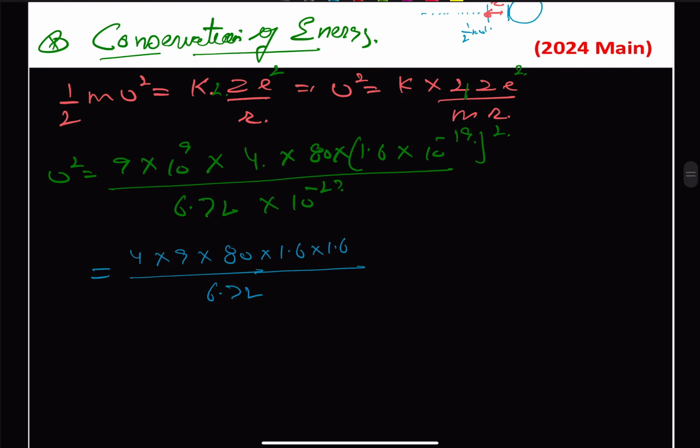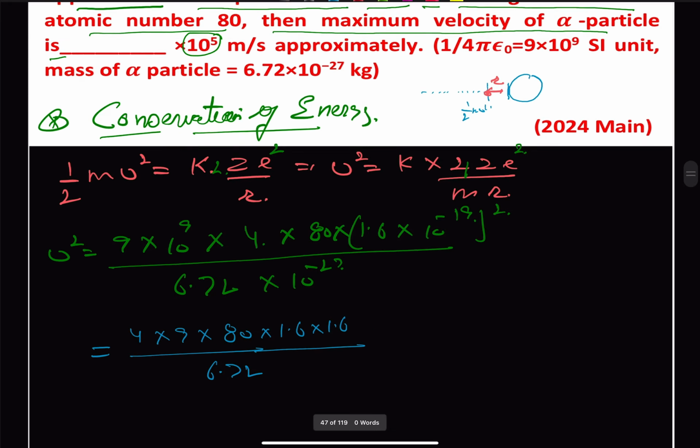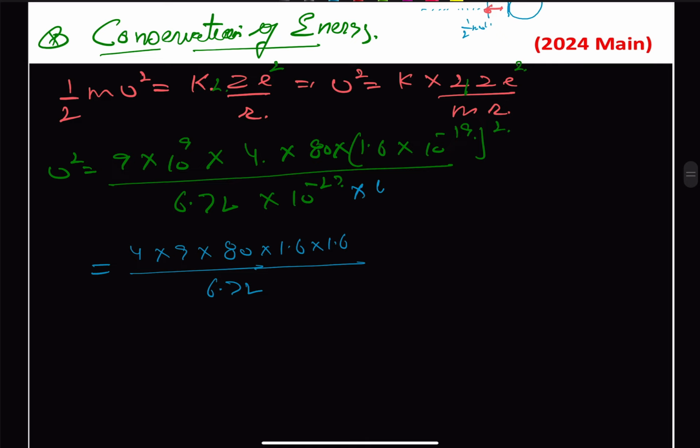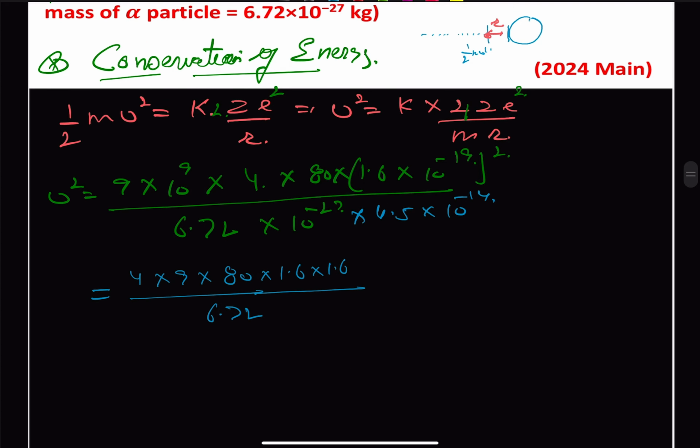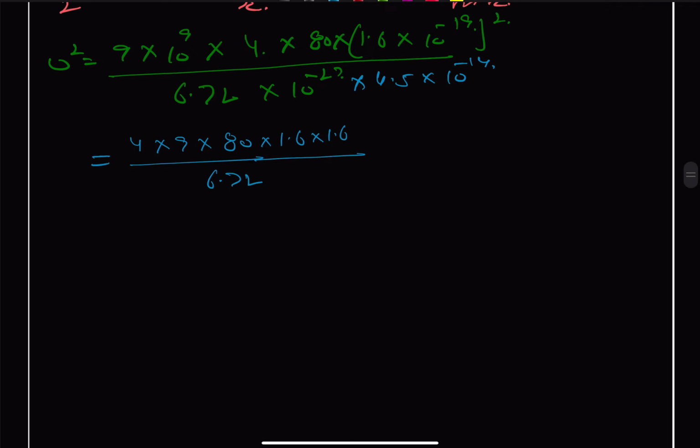I missed the radius, sorry. Yeah, radius is 4.5 into 10 raised to the power minus 14, and it also comes as 4.5 into 10 raised to the power minus 14, and we are left with 10 raised to the power 9, and this is our 10 raised to the power minus 19 into 10 raised to the power minus 19.